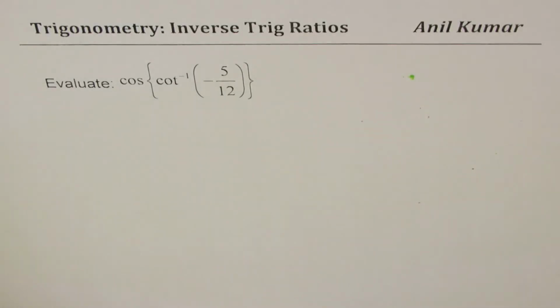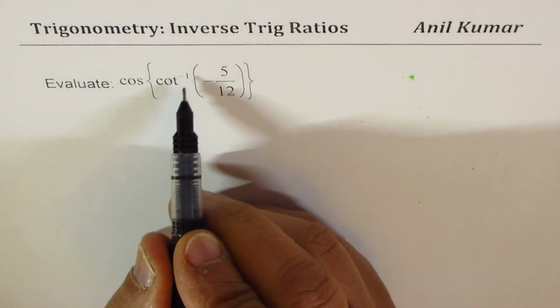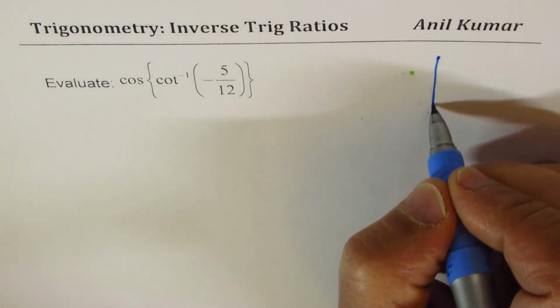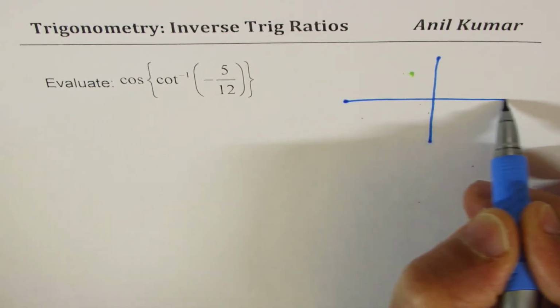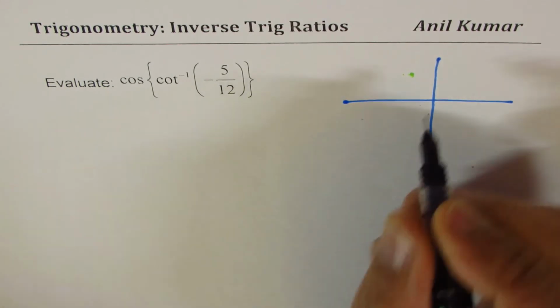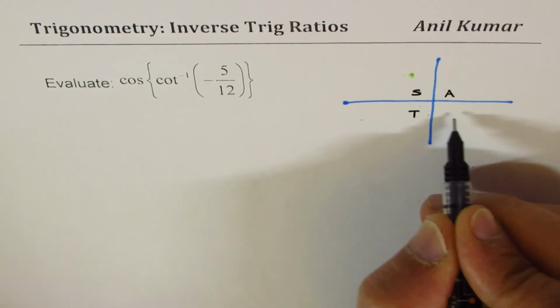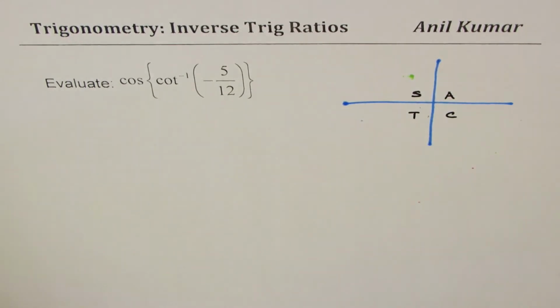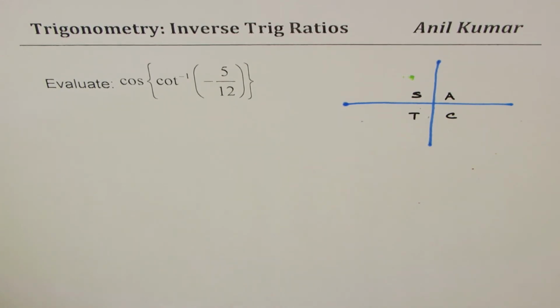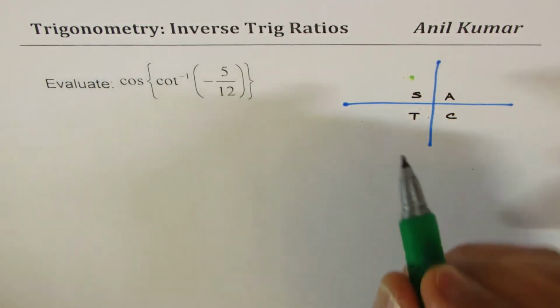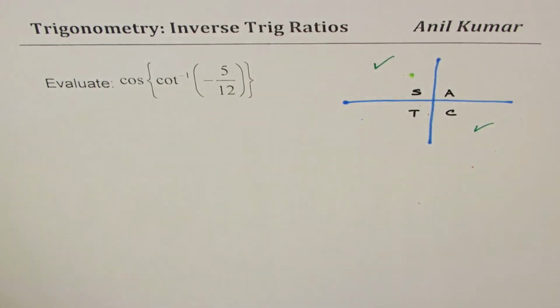Now let's take up the last example, which is cos of cot inverse minus 5 over 12. So this time let me begin with the quadrant. We know all are positive in quadrant 1, sine in 2, tan in 3, cosine in 4. Since we are talking about a negative value for cot, we are looking for these two quadrants, right?